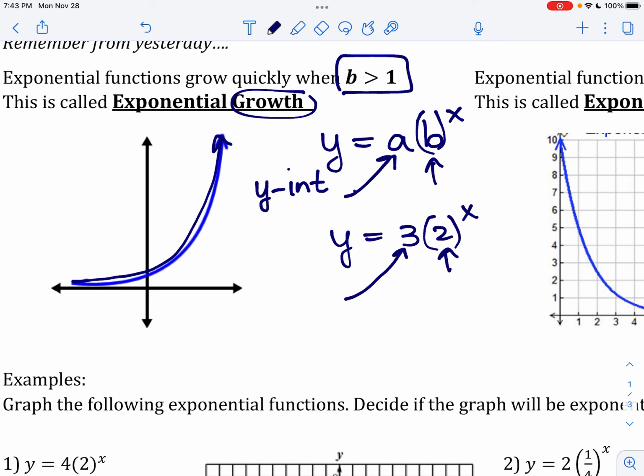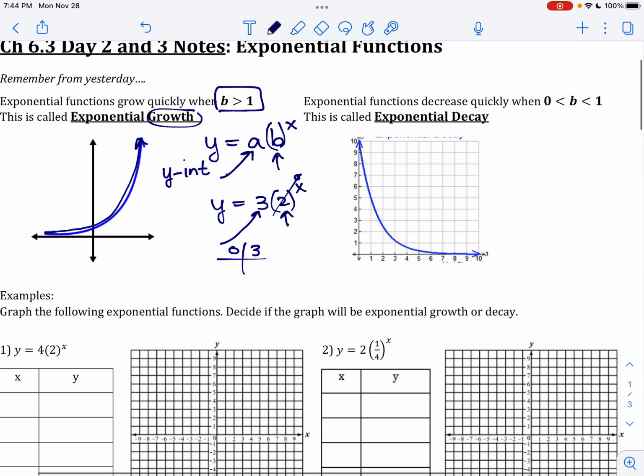And if x is equal to 0, we're only going to have that number left. So in this case, my y-intercept when x is 0 in the table is going to be 3, because anything to the 0 power goes to 1, and 3 times 1 is 3. So that number in front, you don't even need to calculate it most of the time. You can find it just by looking for the y-intercept in the front, and that's the a value.